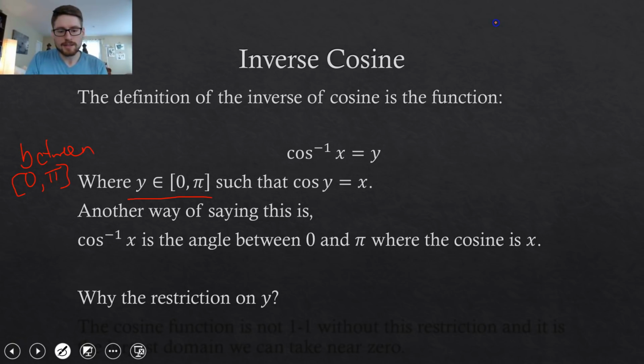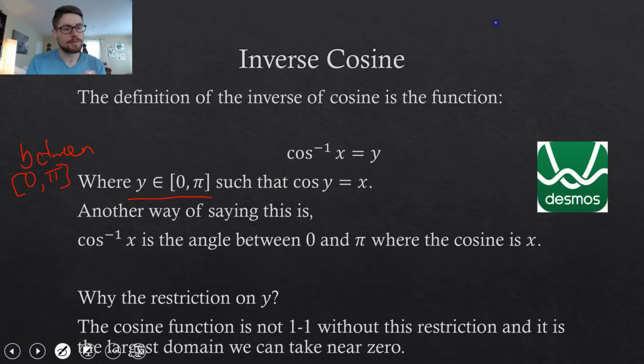And you might ask, why do we have this restriction on y? Why is it that y can only be numbers between 0 and pi? Why can't we allow y to be any number? It comes down to the graph of the function and when it's invertible. When is it one-to-one? It's not one-to-one without this restriction from 0 to pi.